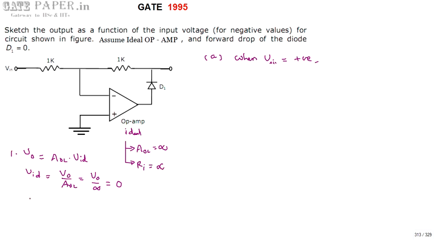VID, the input difference voltage, is the difference at the input terminals, that is the non-inverting terminal and inverting terminal, and that is equal to 0. This gives rise to the voltage at the non-inverting terminal always being the same as the voltage at the inverting terminal. Otherwise, the voltages at both terminals are always the same.